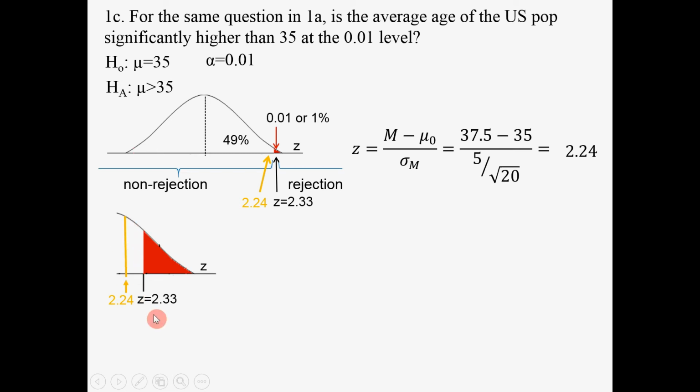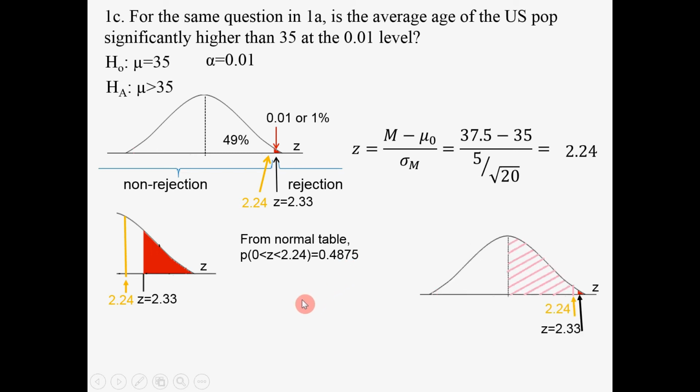So we look at the normal table. We find that the probability for a z-score falling between 0 and 2.24 is 0.4875. That means that in this distribution, from the mean up to the orange line at 2.24, we have probability 0.4875. So we can easily calculate the size of this corner, which is 1.25%.